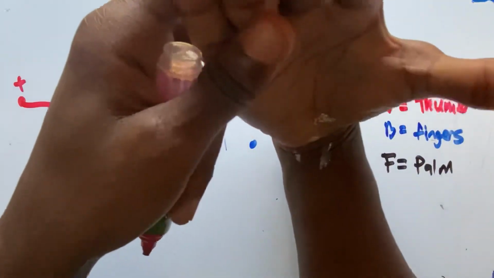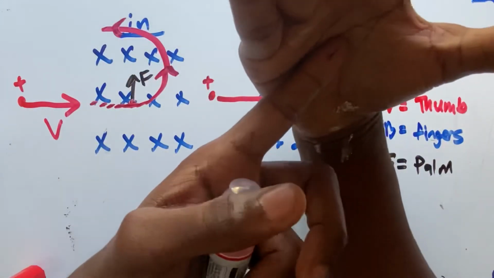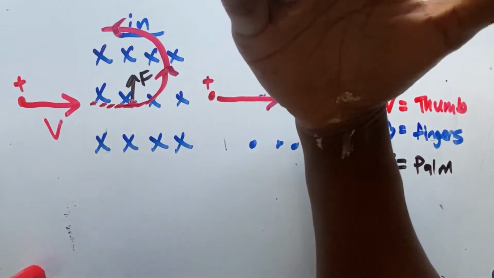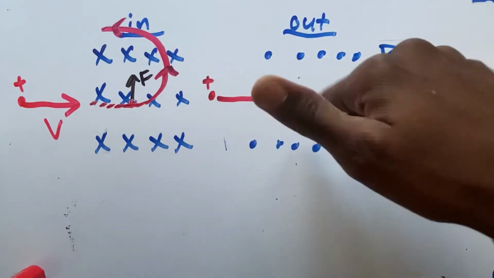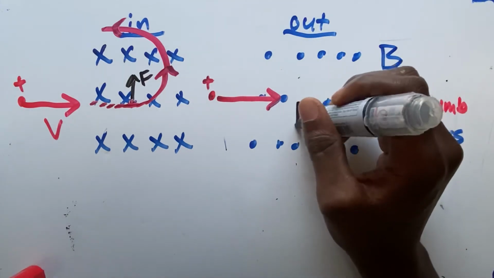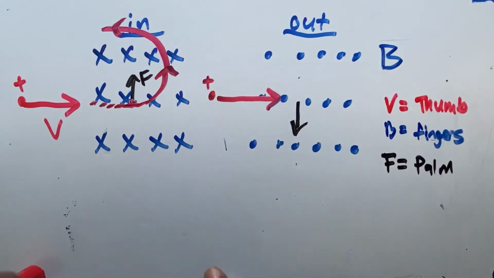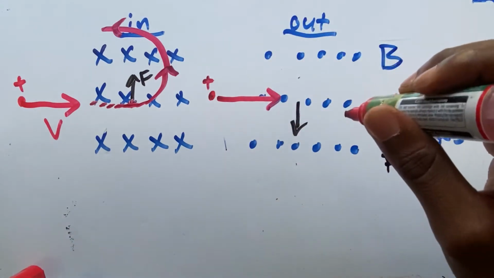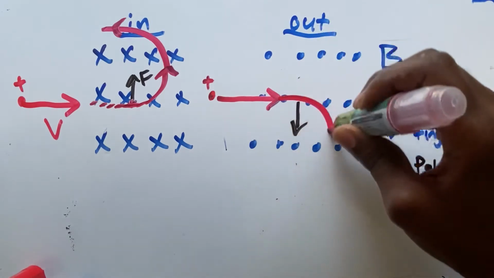This is a little bit easier. And so see, my palm is basically pointing towards me. And so the force here is going to be downwards. So here, the charge is going to circle around this way.